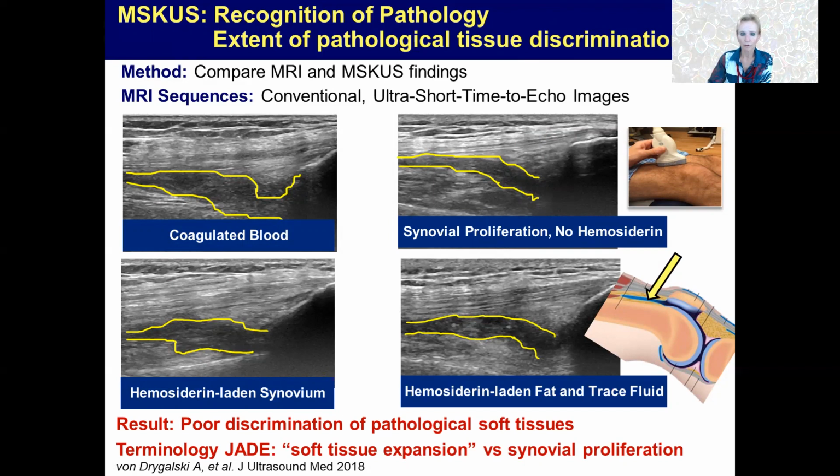So the result from this exercise was that ultrasound has a relatively poor discrimination of pathological soft tissues in certain spaces. So in terms of terminology of JADE, we prefer to call it soft tissue expansion versus something more specific like synovial proliferation, because ultrasound really doesn't allow that distinction, at least not in hemophilic arthropathy.